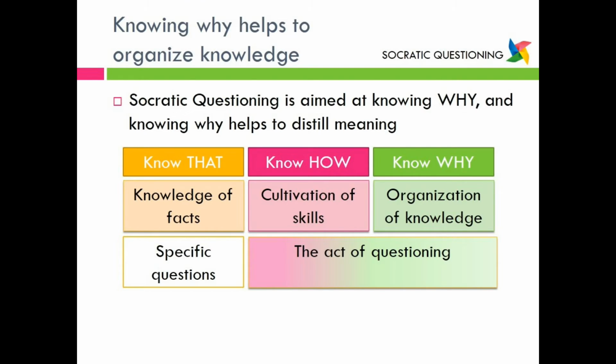Do we know why certain musical harmonies are pleasing to the ear and others are not? Basically, if we ask any question that starts with a why, at some level, we are opening ourselves up to the organizational dimension of knowledge, the architectonic dimension, as it were.